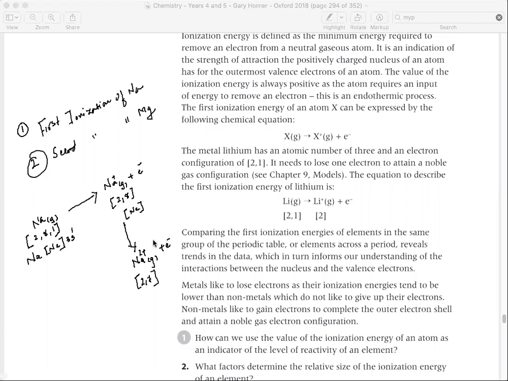But with every removal, remember the amount of energy required will increase. And particularly it will increase very large when there is a stable configuration. So you understood what is first ionization, what is second ionization, everybody?